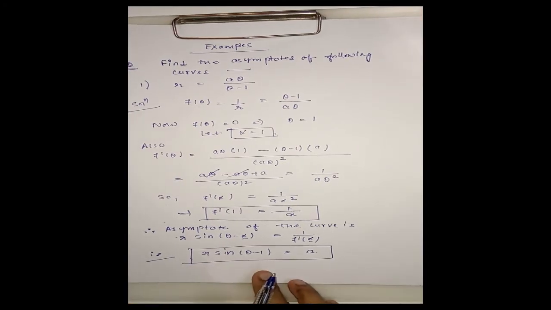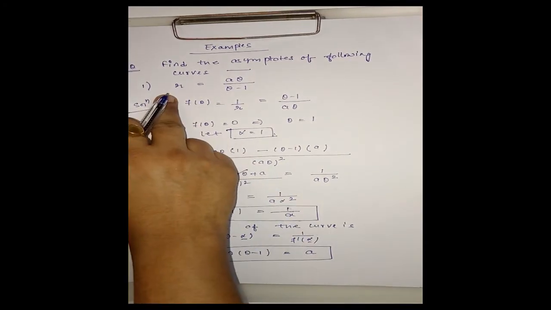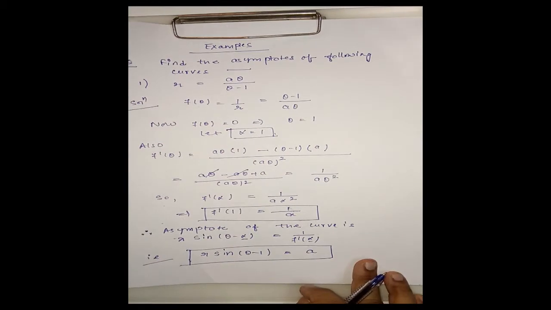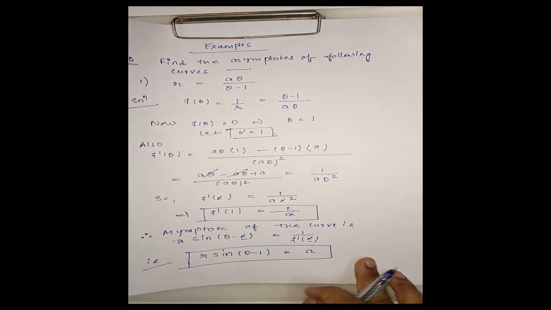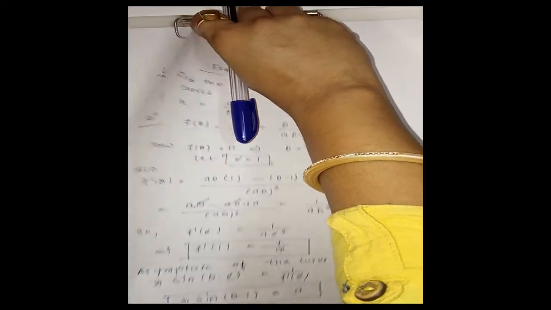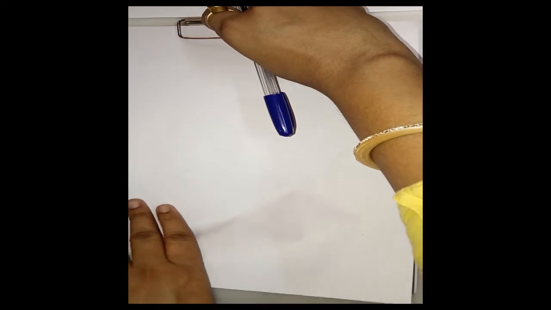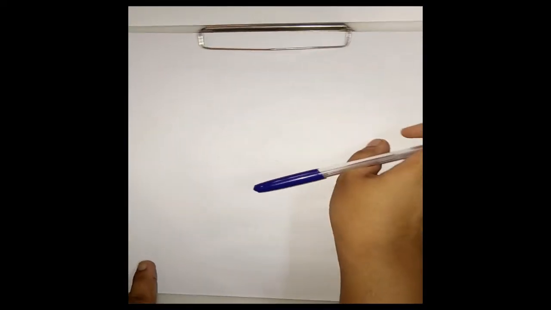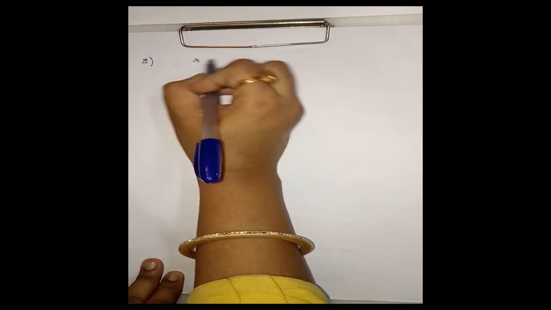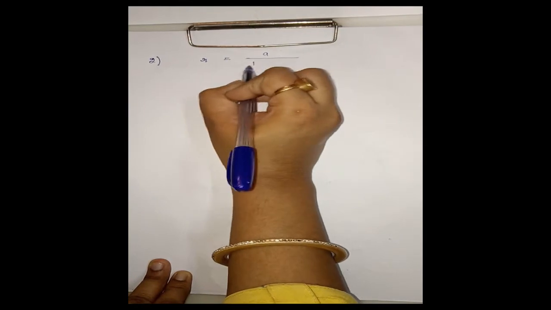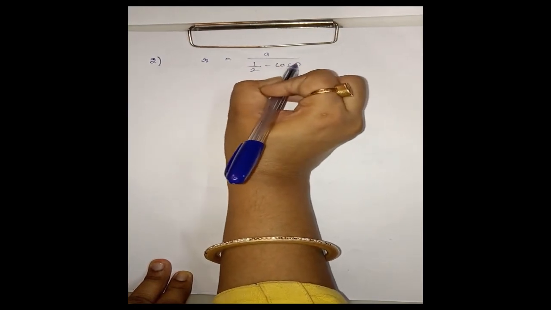Therefore, this is the asymptote of this curve r is equal to a theta upon theta minus 1. Now let us consider the second example. r is equal to a upon 1 by 2 minus cos theta.